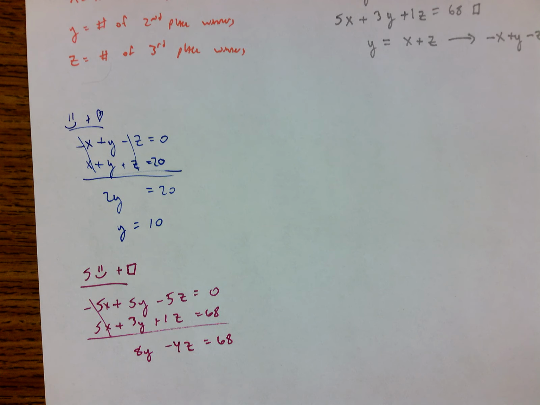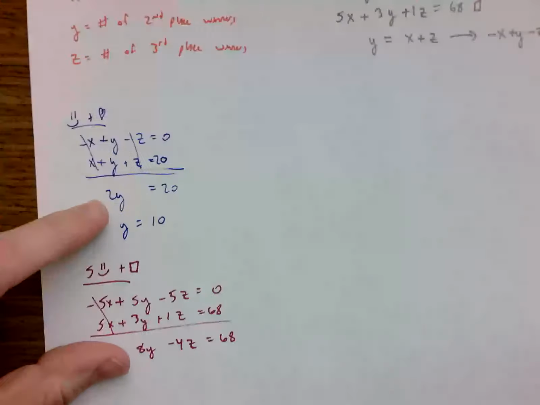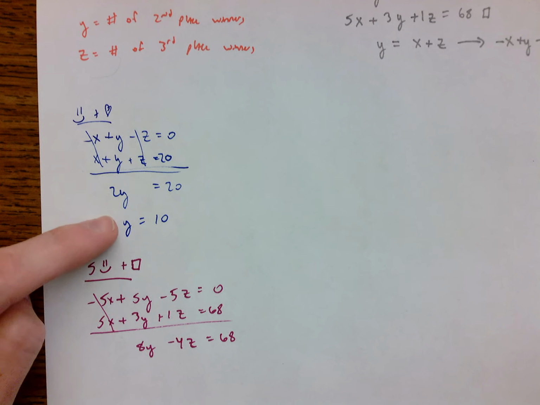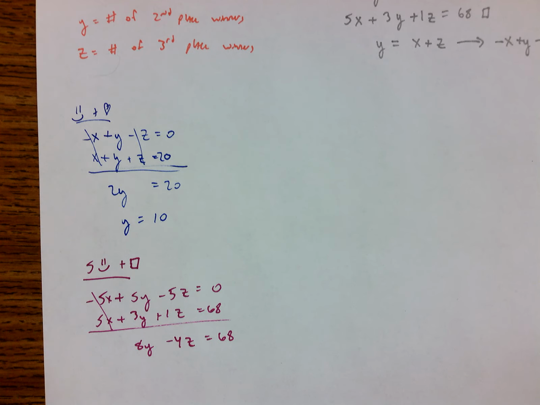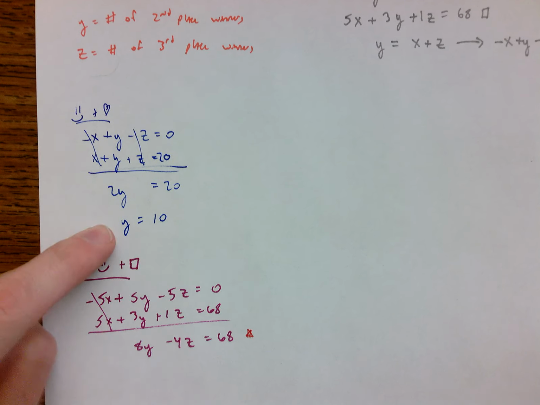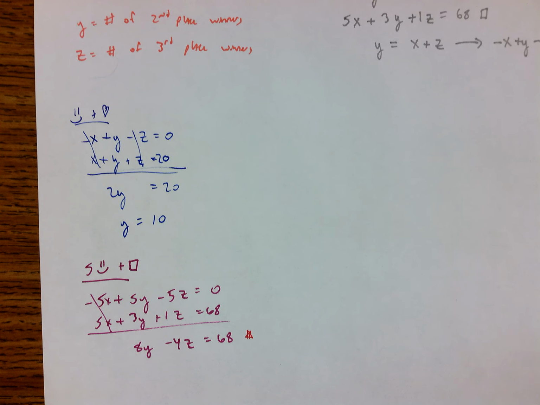All right, and then the nice thing is, right, because again, normally we would take these two equations and we would use them to cancel out another letter. But because this one already has the z canceled out, I can kind of skip that part and just start plugging stuff in. Okay, so what I'm going to do is we'll call this one star. Okay, so I'm going to plug this y equals 10 into star, and that'll let me solve for z, right?